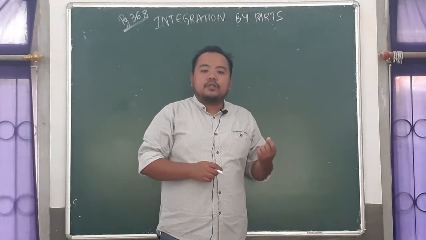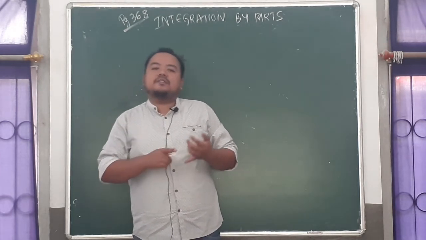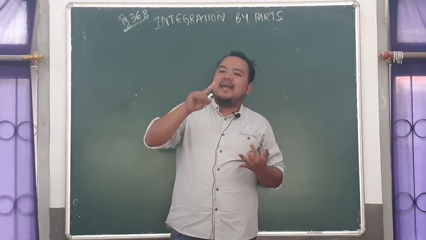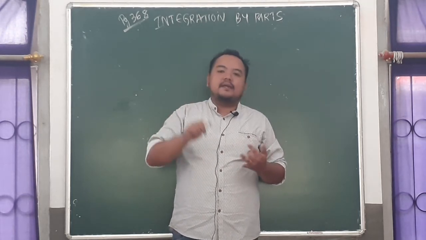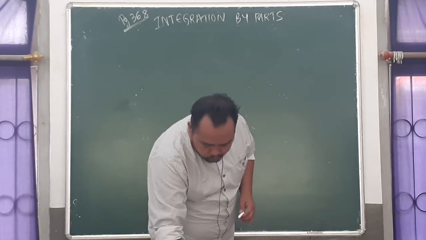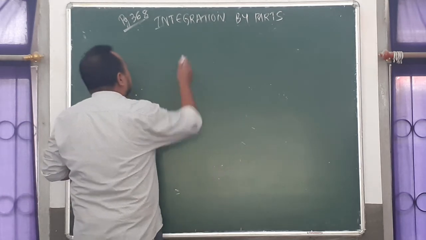In some books it's LIATE. It does not matter because inverse and log will never be together, so whether you write IL or LI, it does not matter. Now moving on, just a few more examples.